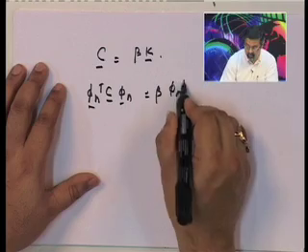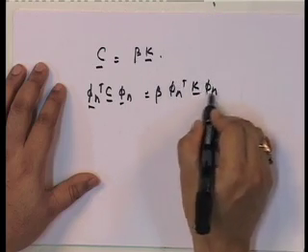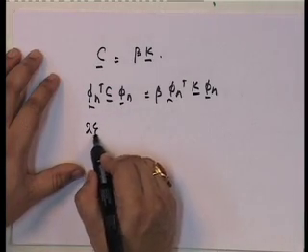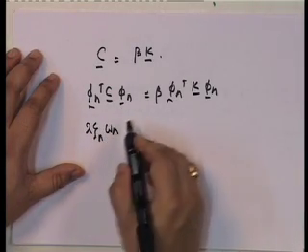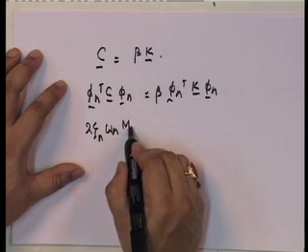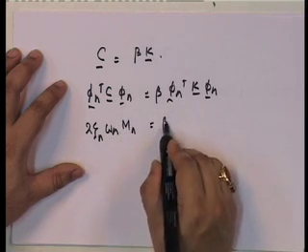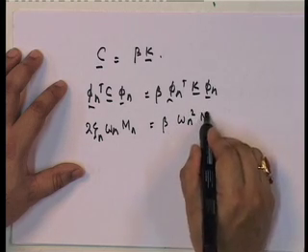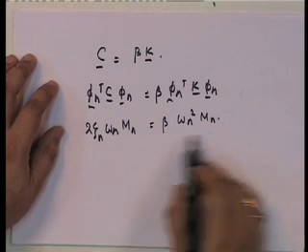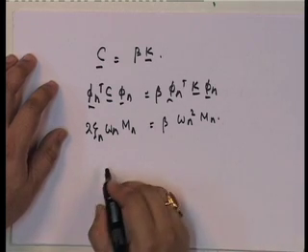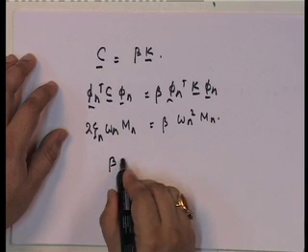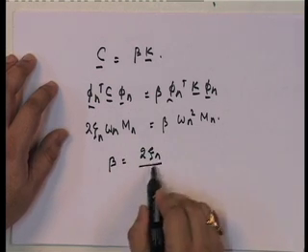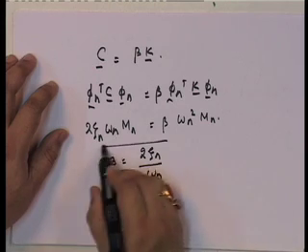So, this becomes phi n transpose k phi n, and by definition this is 2 xi n omega n m n is equal to beta, and what is this? This is equal to omega n squared m n. So, m n cancels out, and I get beta is equal to 2 xi n upon omega n.